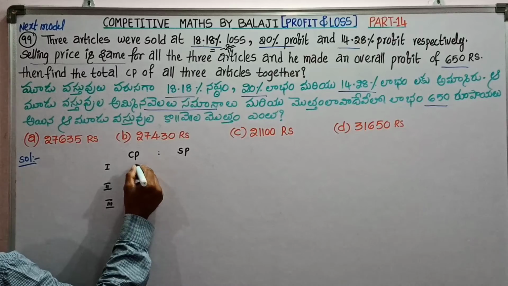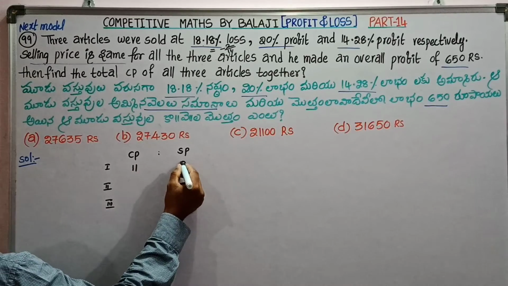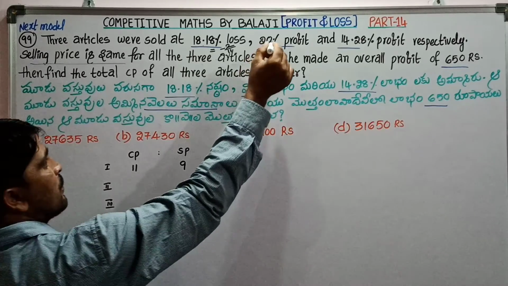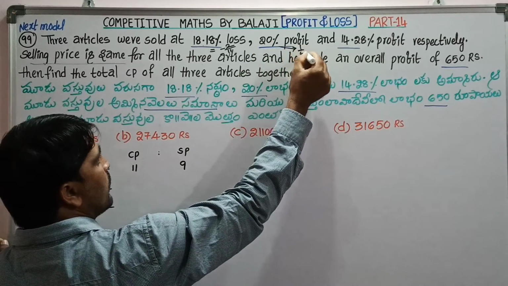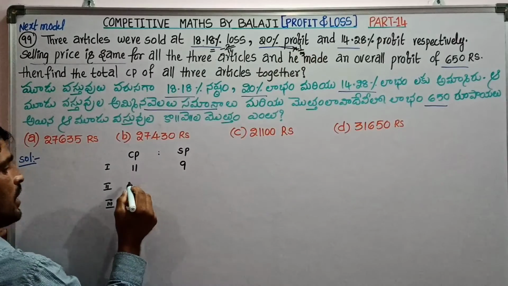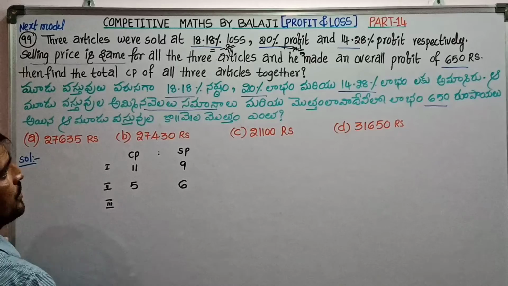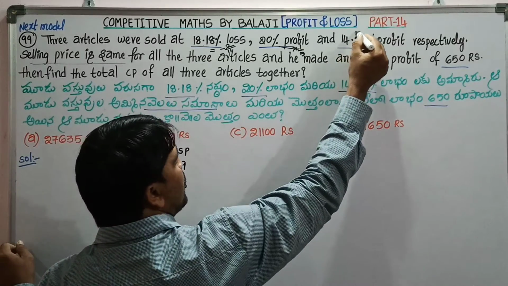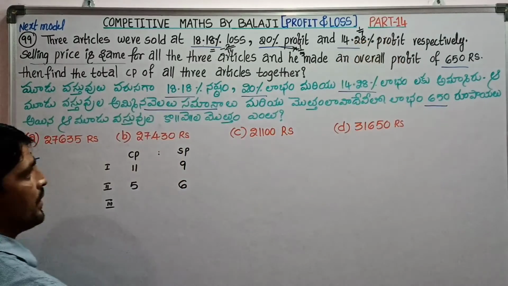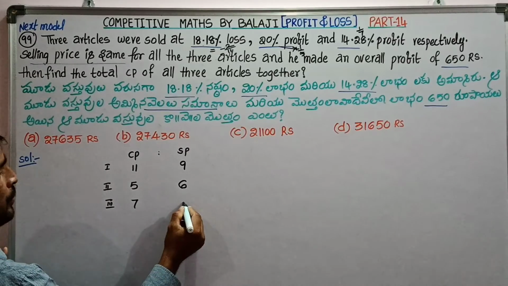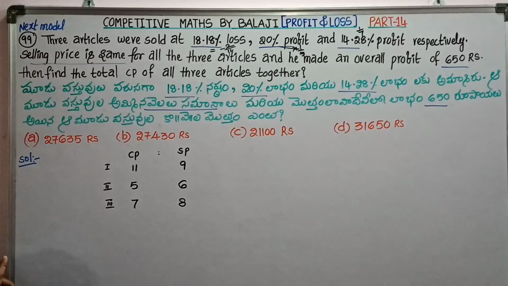So cost price is 11 units, then selling price is 9 units for first article. And 20% fraction value is 1 by 5. If cost price of second article is 5 units, there is 1 unit profit, so SP is 6 units. 14.28% fraction value is 1 by 7. So CP is 7 for third article, there is a profit 1 unit, selling price is 8 units.